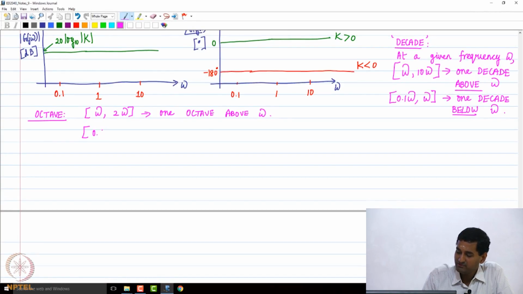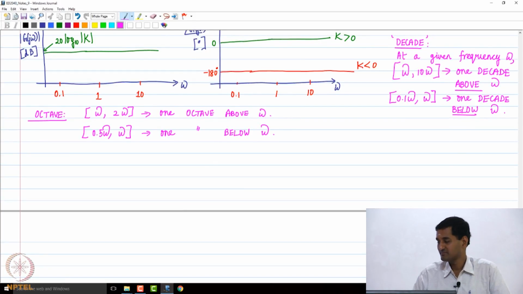Similarly, from 0.5 omega to omega is what is called 1 octave below omega. So these are some terms which are typically used. That's a decade and an octave.